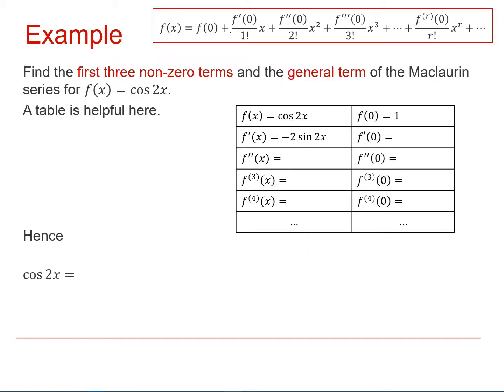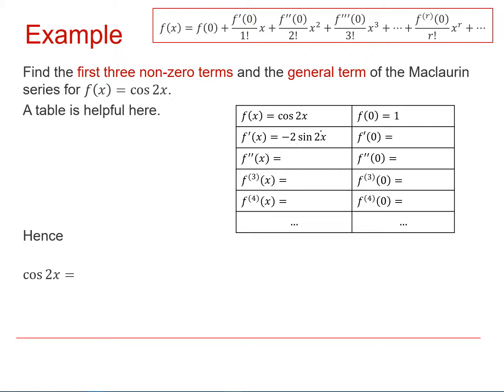So let's have a look at this example. We're going to find the first three non-zero terms, and the general term, of the Maclaurin series for f(x) equal to cos 2x. The simplest way to tackle it is to have a look at a table. So here's my original function, and here's its first derivative, minus 2 sin 2x.